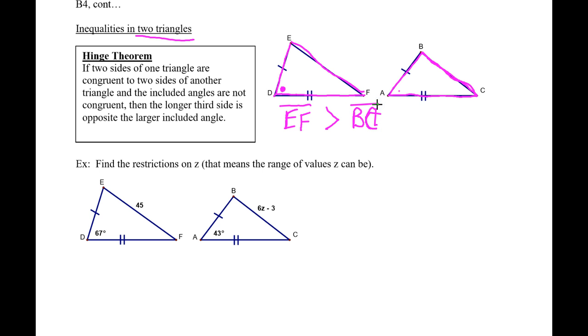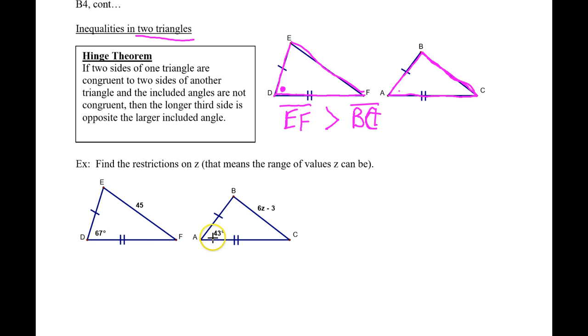All right, so let's look at a more specific example down here. It says find the restrictions on z, meaning the range of values that z could possibly be. So let's make sure this falls into the Hinge Theorem category, and it does. We've got two sides congruent to two sides over here, and we know that the included angles are not congruent.